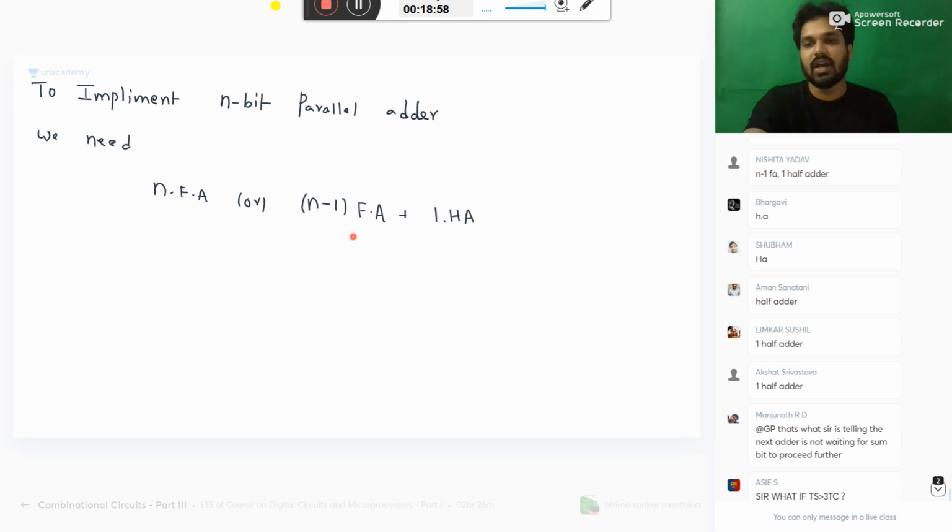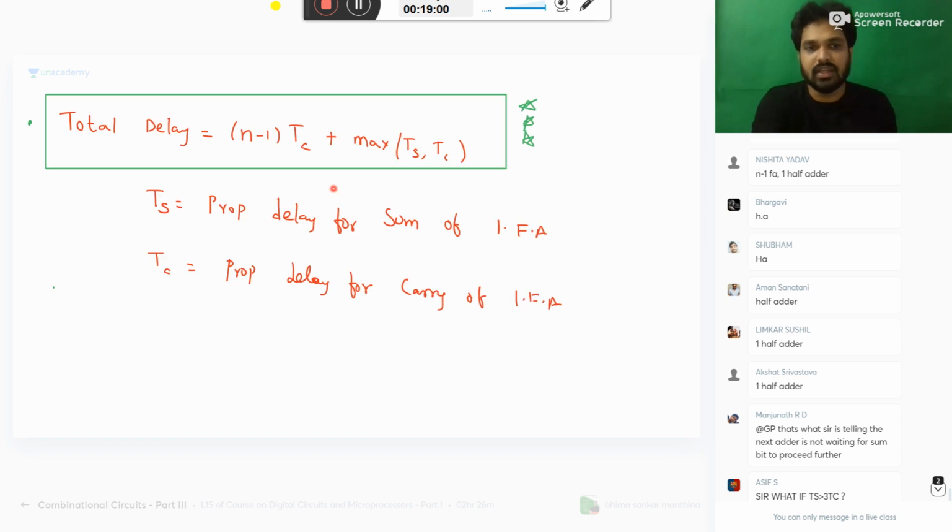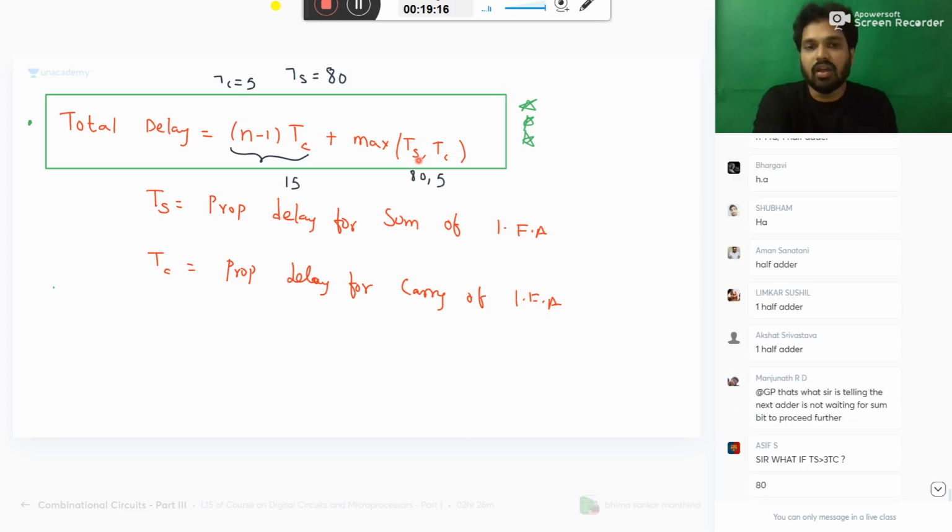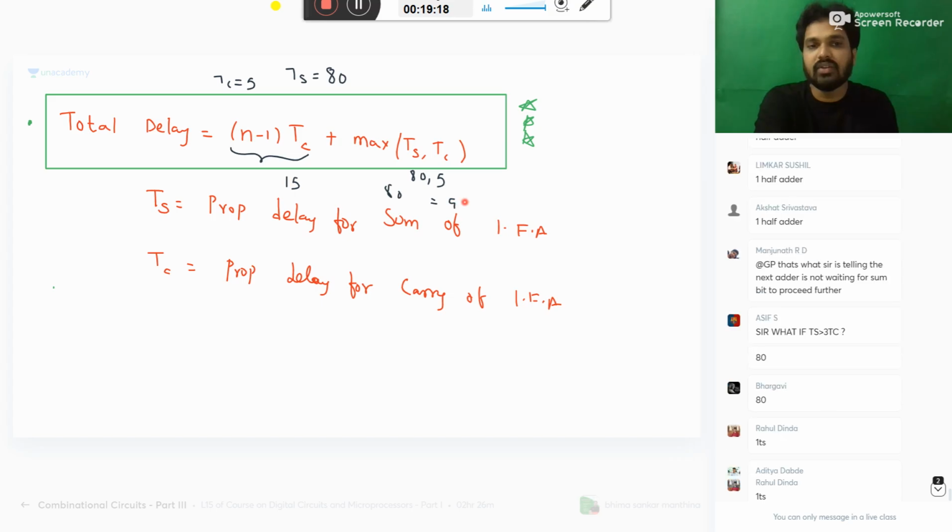Please listen, Asif. Even this TS, for example, your TS is 80. Your TC is only 5. You complete this 15. Now you are again waiting for 80 and 5. Which one is more? You are waiting for 95. This 80 is already gone.